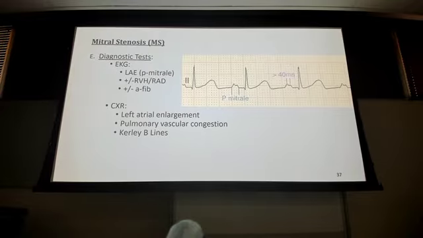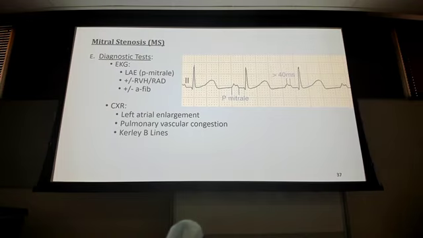On your ancillary studies, so we talked about physical exam findings, let's talk about our ancillary studies. What might we see? Well, if this is a left atrial problem, where now the left atria is dealing with a higher pressure, higher volume, that's going to cause the left atria to get bigger.